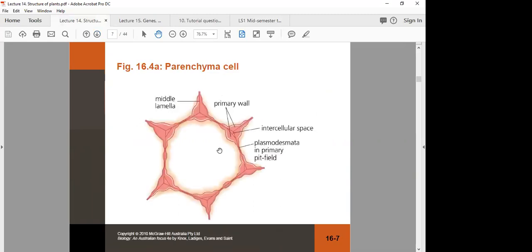So here we have a cell here showing the primary wall, the thick region of the primary wall, and then as we come around here you can see that it's quite thin. So this is the primary pit field, and you can see some little faint lines there. These are the plasmodesmata that are linking this cell here to the neighbouring cell. And once again, this line here represents the middle lamella joining those cells together.